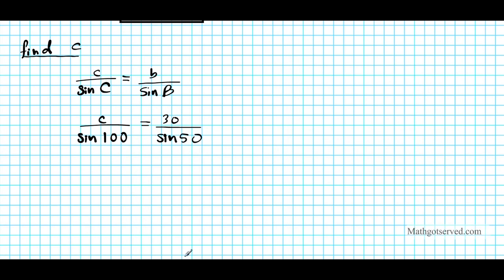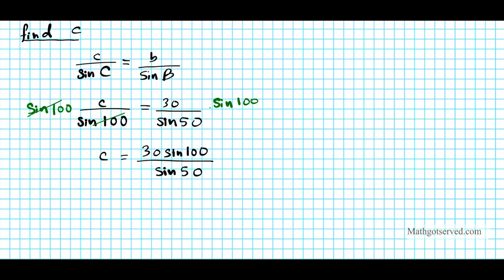Okay? Now to get little c by itself, you multiply both sides by sine 100 so that you can get rid of this denominator here. Sine 100, so this divides out. And then you have c equals 30 sine 100 over sine 50.